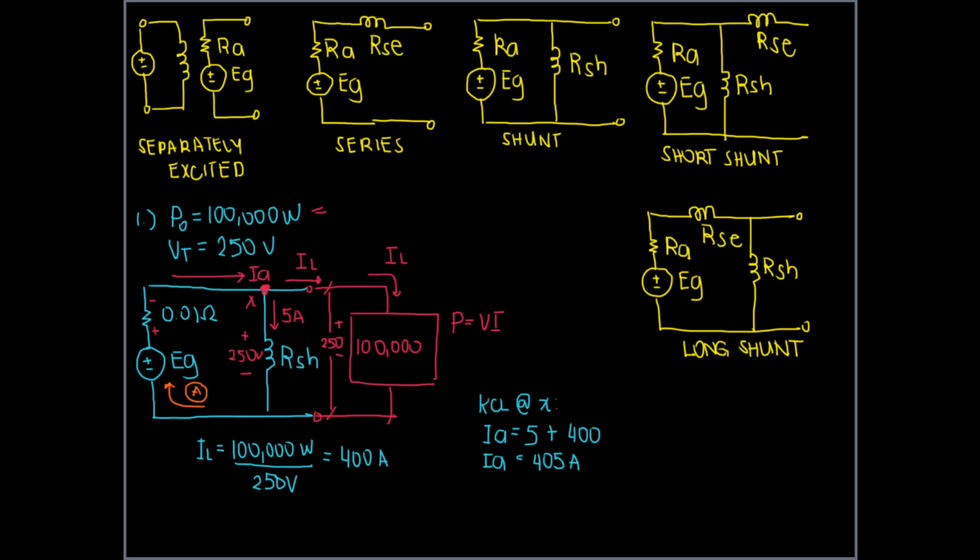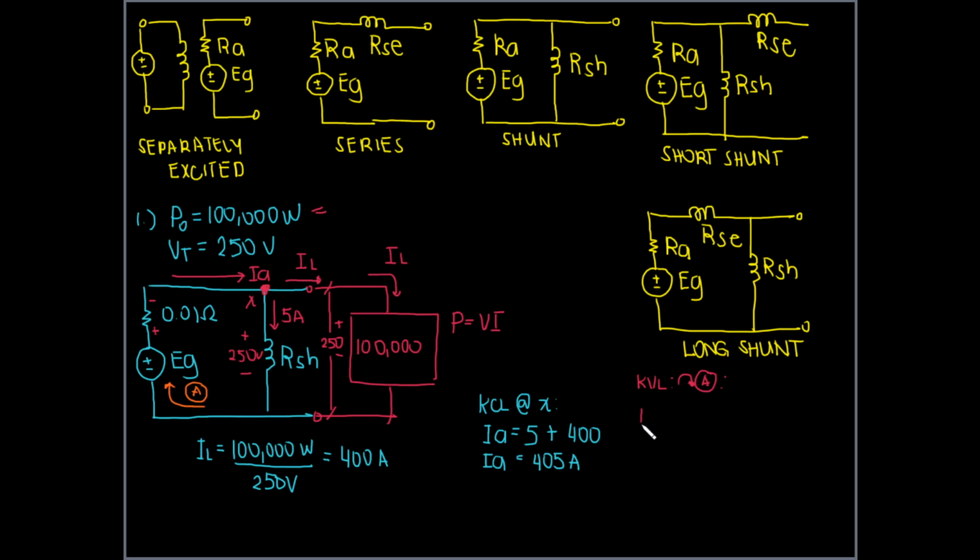So there, I guess we're now ready to do our KVL equation. So KVL, we go clockwise at loop A. Okay, exit polarity. If we go clockwise, we will exit at the positive terminal.